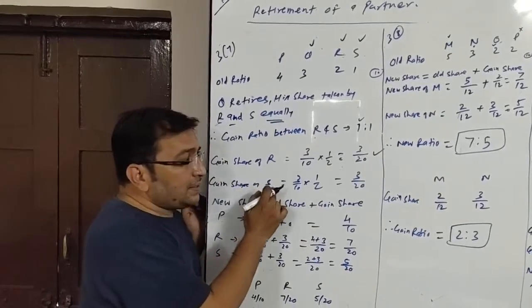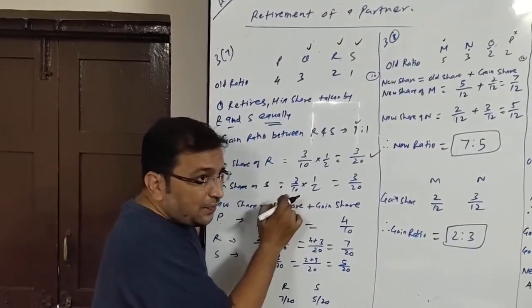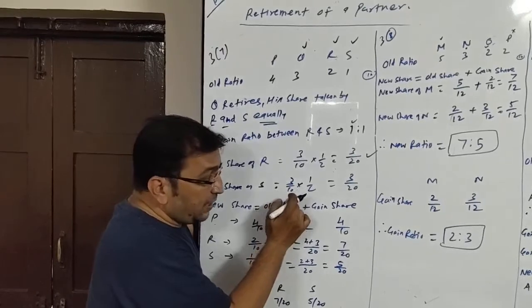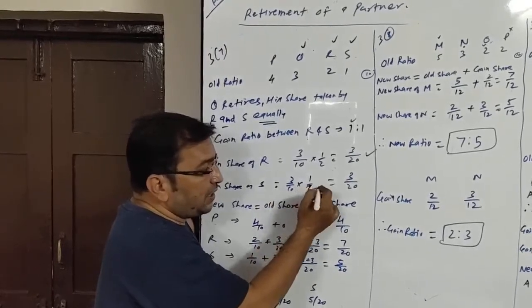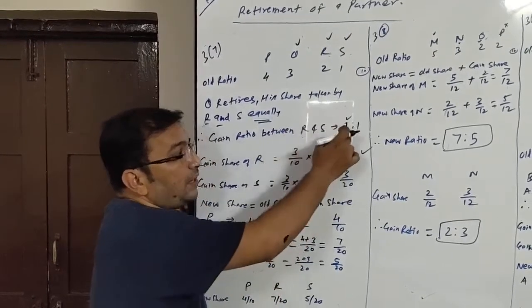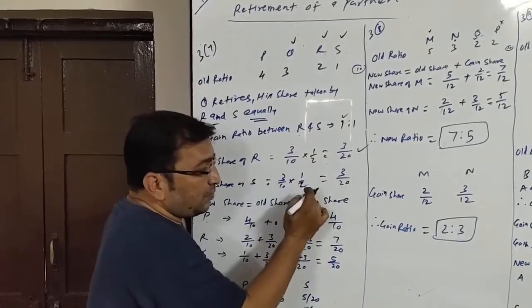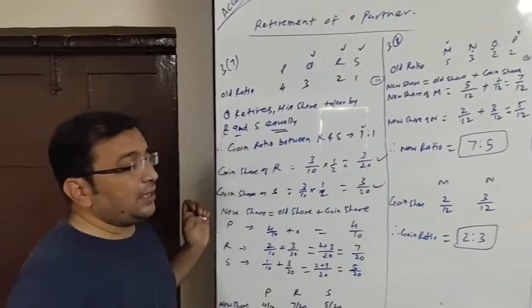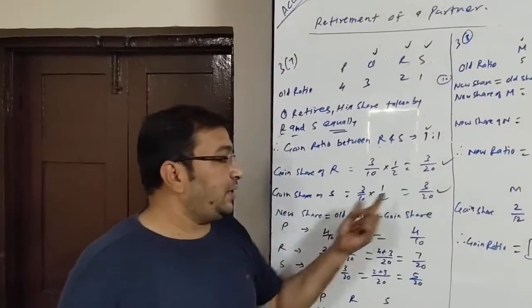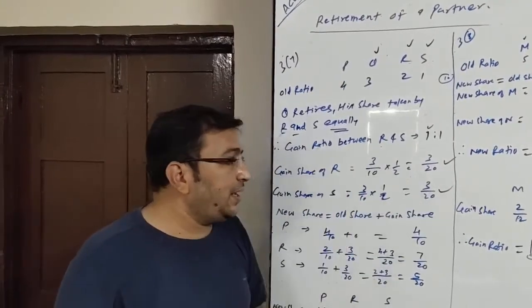Then gain of S, 3/10 is the share of Q who is retiring, and gain share based on gain ratio is 1/2 of S. So 3/10 into 1/2, 3/20. So gain share of R is 3/20 and gain share of S is 3/20.